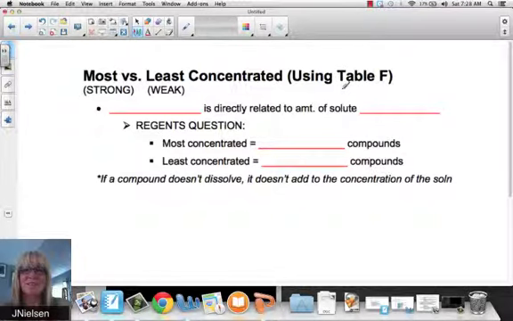So now we're going to use Table F. Concentration is directly related to the amount of solute per solvent.